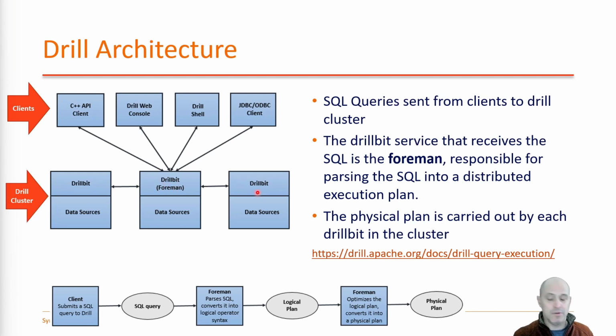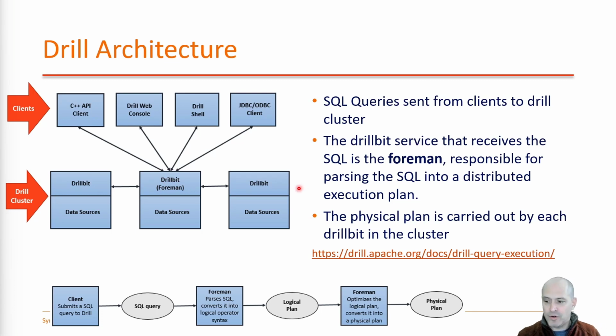Those clients all talk to each of these. Consider each of these to be a computer or a virtual machine or a container in Docker or whatever. Each of these is called a Drillbit. One of the Drillbits acts as the foreman. Do you pick the foreman? No, it's kind of an election thing. It's like, you're the first person I talk to, you're the foreman. If the foreman goes down, some other Drillbit becomes the foreman. The foreman is responsible for figuring out the query plan and then communicating that query plan with each of the Drillbits.